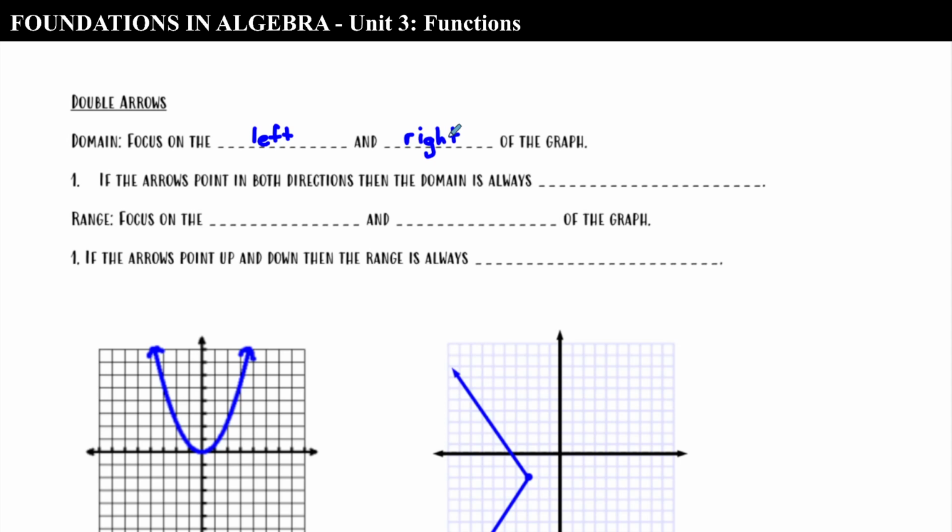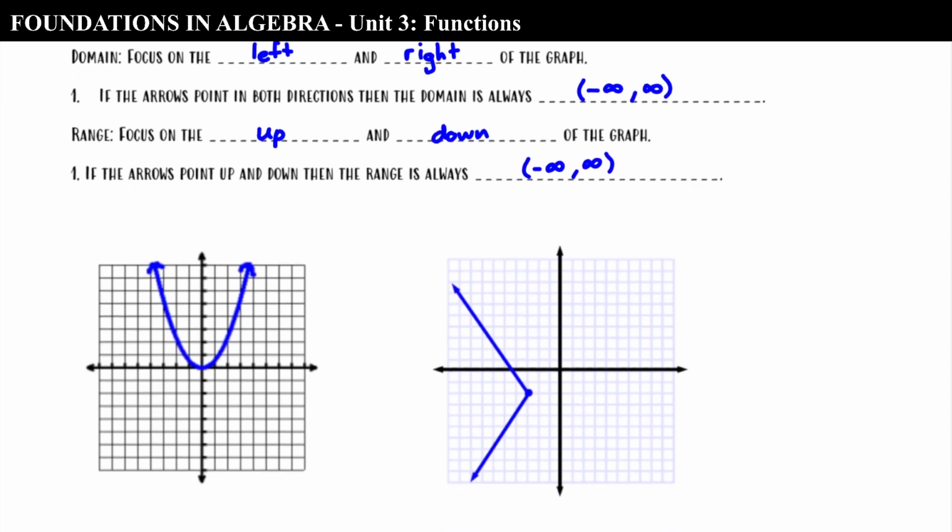If the arrows point in both directions, then the domain is always negative infinity to positive infinity. For the range, you're going to focus on the up and down of the graph. If the arrows point up and down, then the range is always going to be negative infinity to positive infinity.